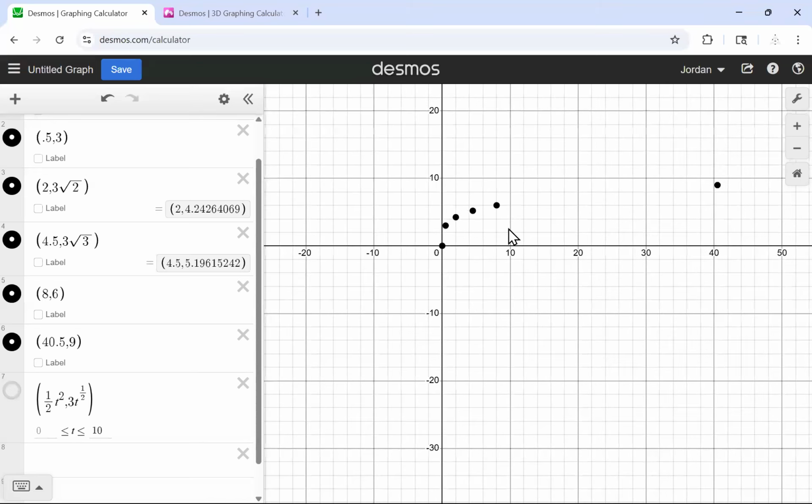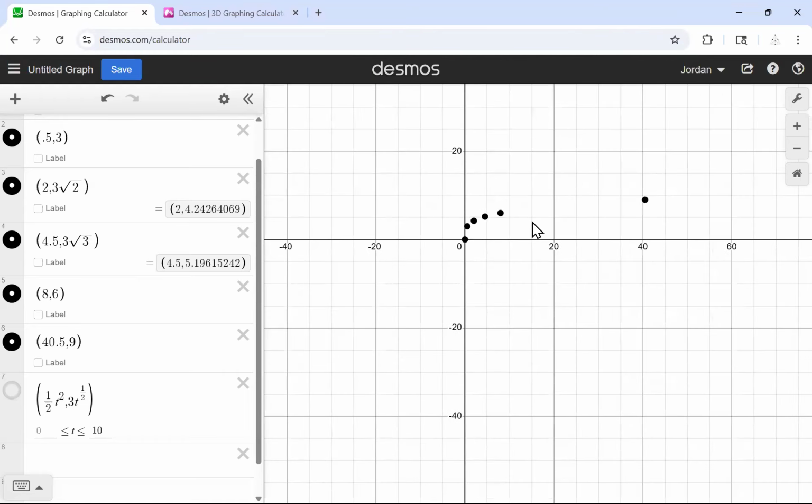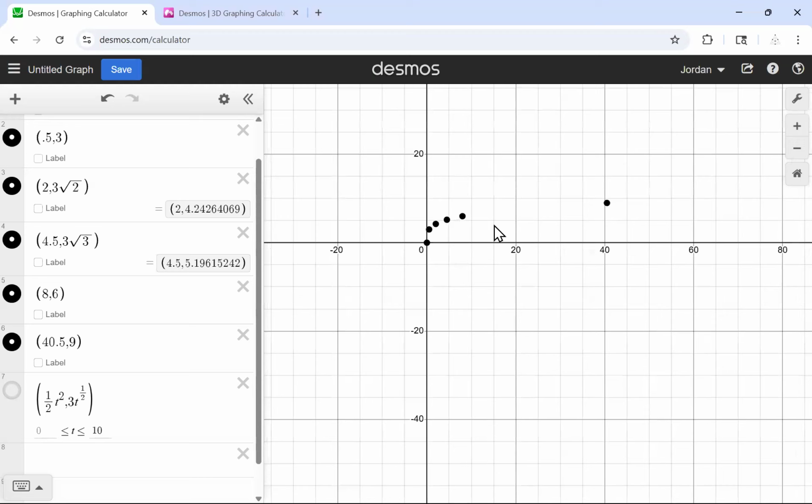Now, there is an actual way to graph using Desmos, and there is an actual way to graph using your calculator. I'll show you how to graph parametrics on your calculator in another video, but on Desmos, what you do is you create an ordered pair.